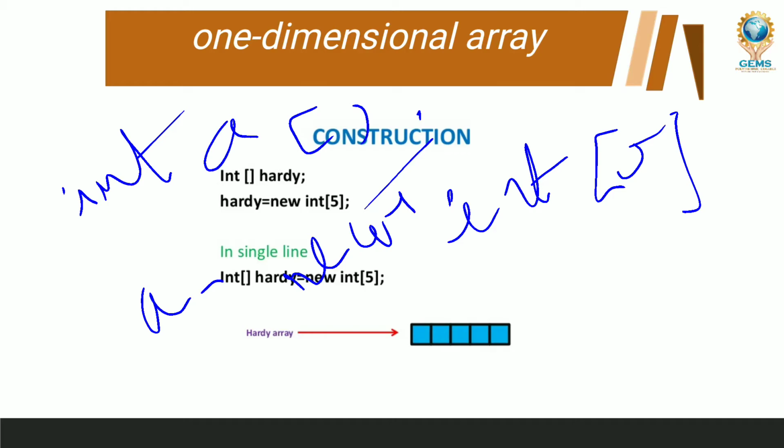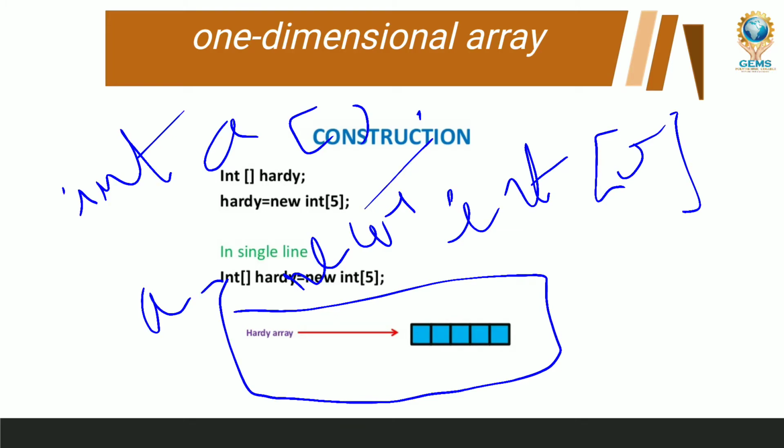Once you declare or construct the array like that, it will provide 5 locations, each with one index and one address. This is how we create, declare or construct a one dimensional array.